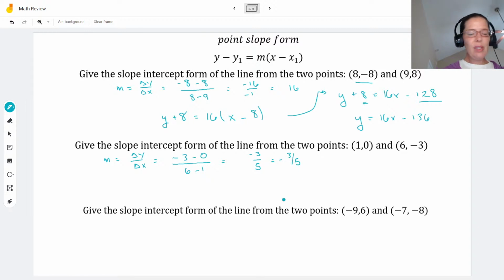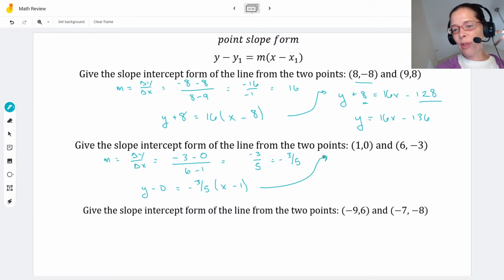And then we'll go again, point slope form. So I'll say y minus 0, just because that is going to be easy, and this is x minus 1. All right, continuing on with my algebra over here to the right.